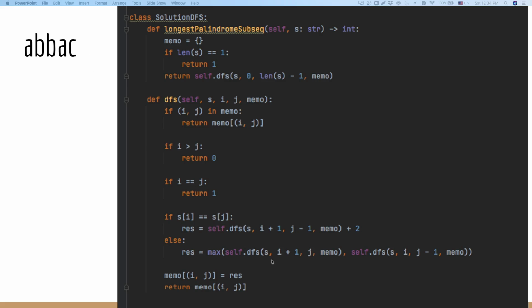ABBA. So we will sacrifice this guy actually. So i and j are here. So we can either sacrifice this A, it becomes BBAC, or we can sacrifice C, it becomes ABBA. So ABBA will be in this recursive function, and the recursive function will come back, and i and j have already been moved. The i is right here and j is right here.